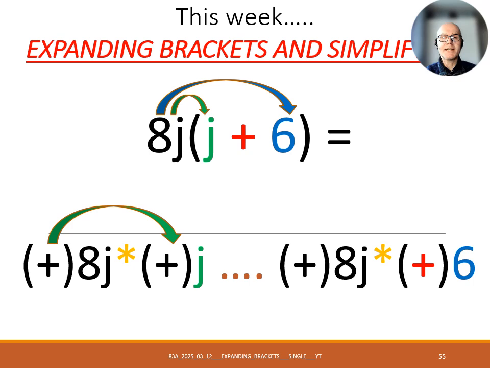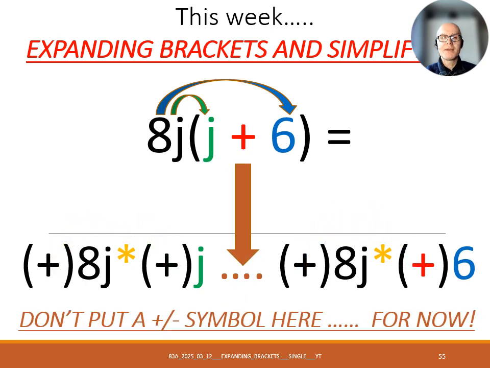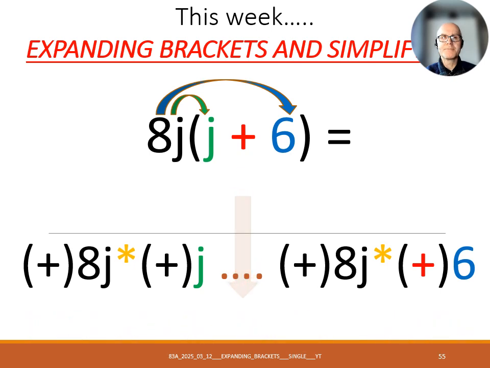Positive 8j times positive j, and the second part of the equation, positive 8j times positive 6. Keep it as 2 separate chunks as we're working it out. Put the function signs in right at the end.